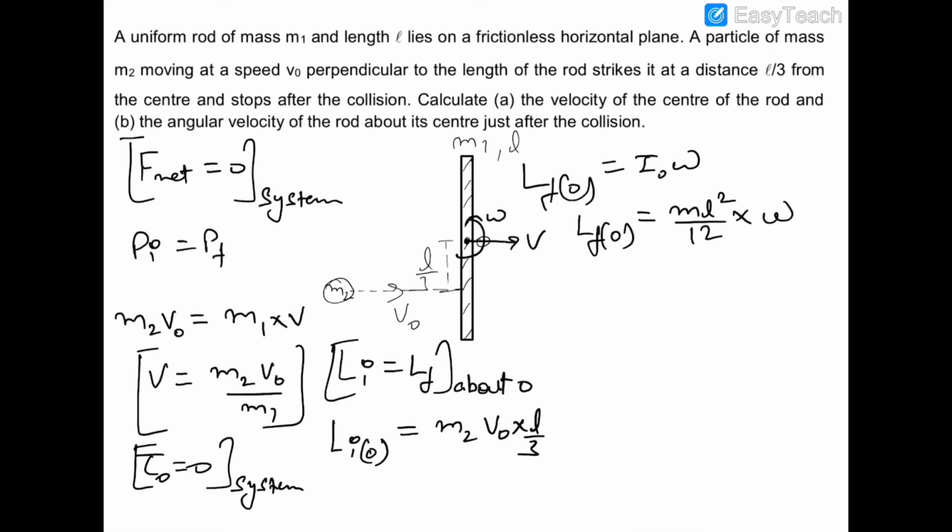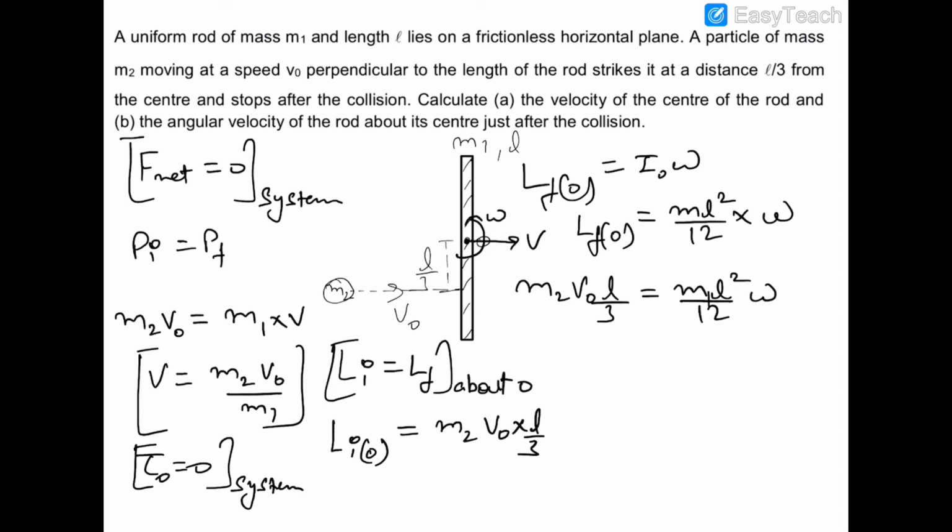So if we balance the initial and the final angular momentum, then m2 v0 L by 3 will be equal to m L square by 12 into omega, and this m is the mass of the rod, which is equal to m1.